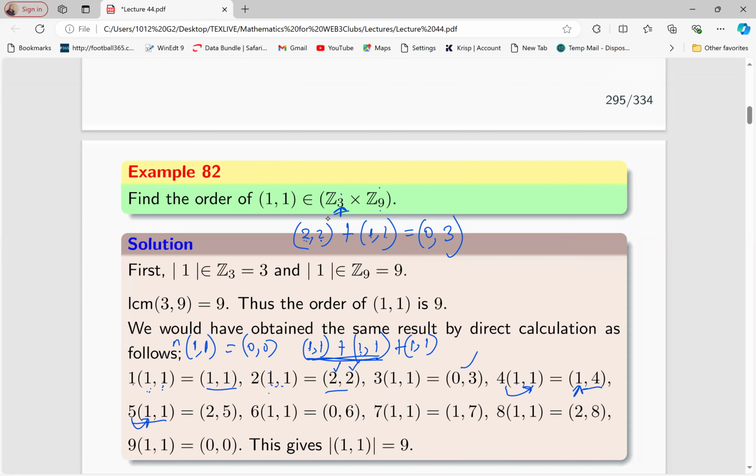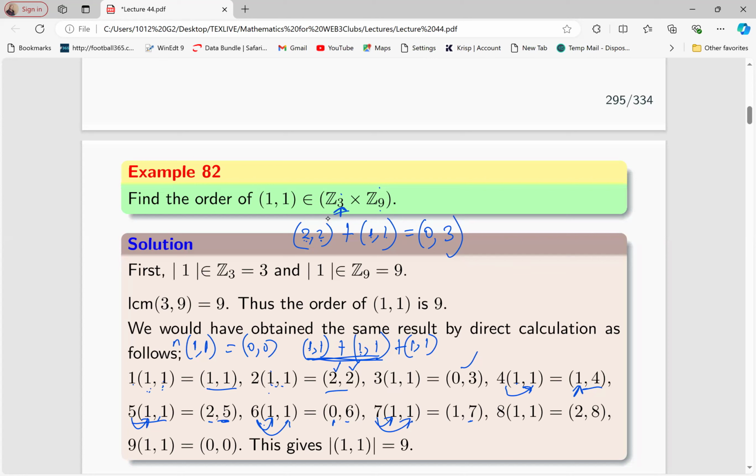Again, this will be 5 mod 3, which is 2, and that will be 5. And then 6 times, this will be 6 mod 3, which is 0, and that will be 6 mod 9, which is just 6. And then 7 times, that will be 7 mod 3, and that gives you 1, because 3 will go into 7 twice, and the remainder will be 1. And then this will be 7 mod 9, which is 7.